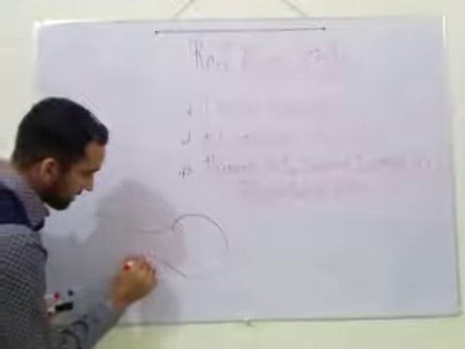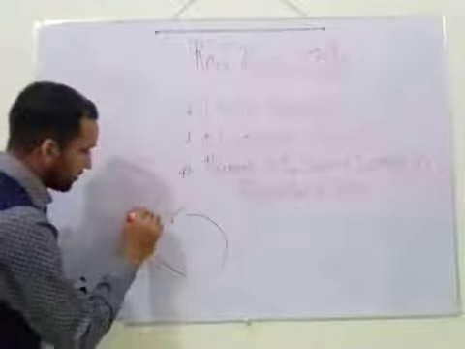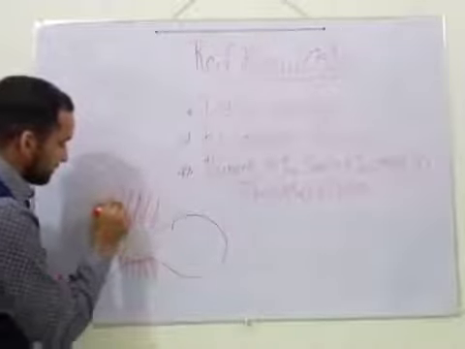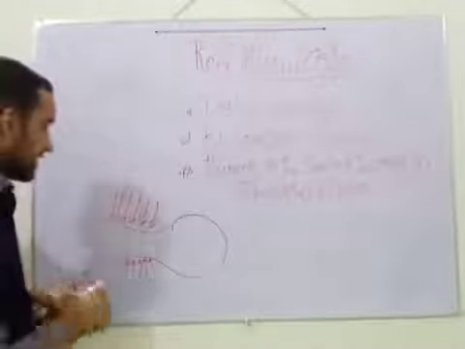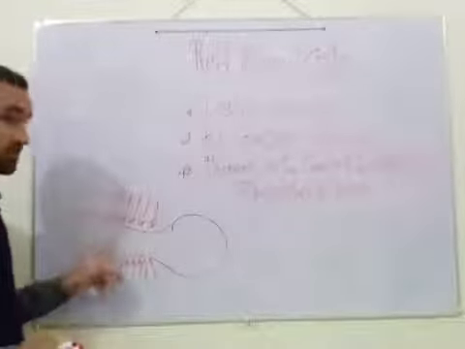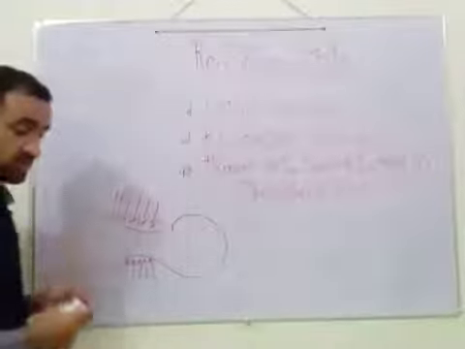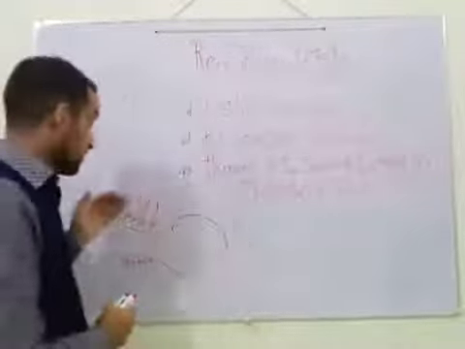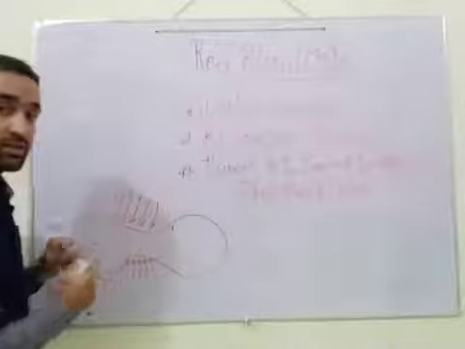So this structure increases the surface membrane or permeability to diffuse much more gas in. This is the functional or physiological advantage of the red blood cell: it increases the surface area to diffuse much more gas inside the red blood cell.